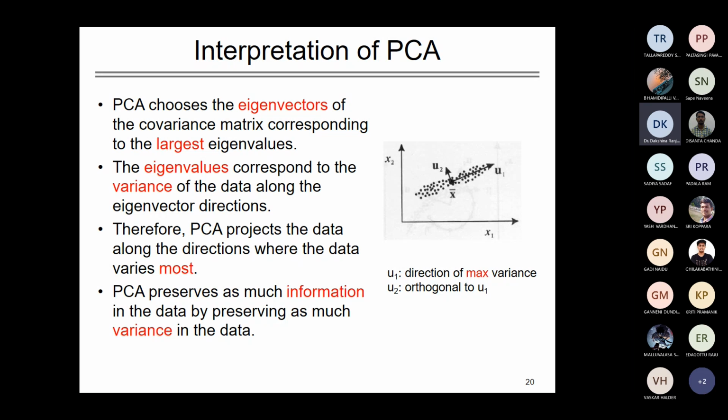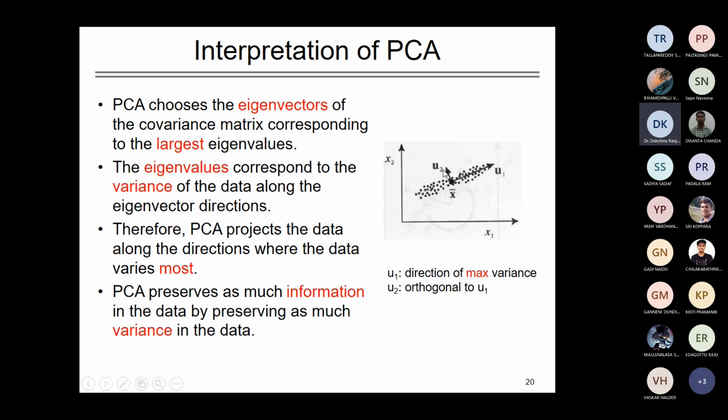Okay, so in this direction, if we consider a particular direction along u1, then along this direction we can see that the data varies most. Okay, so most of the data are found to vary along this direction u1.